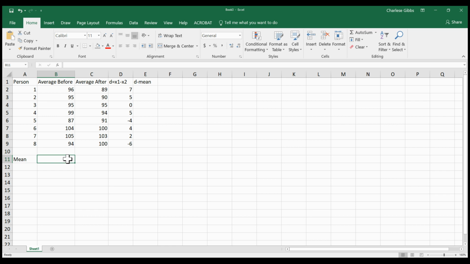So I'm going to do the sum of my differences, divided by n. I'm looking at the pairs divided by n.